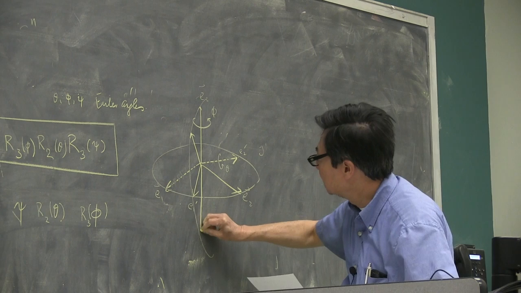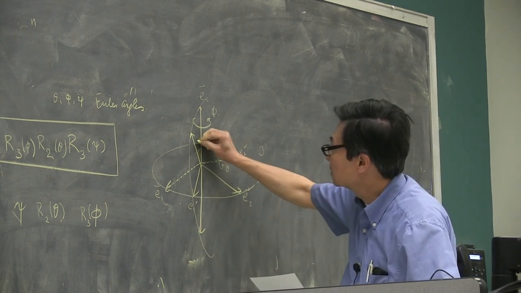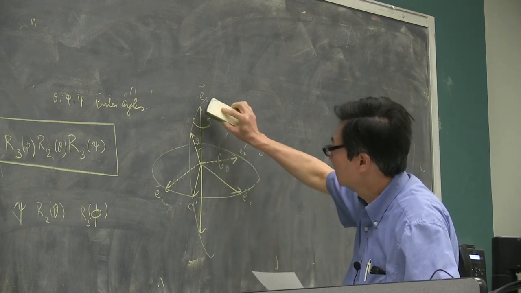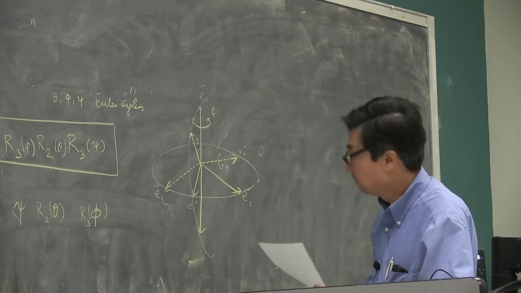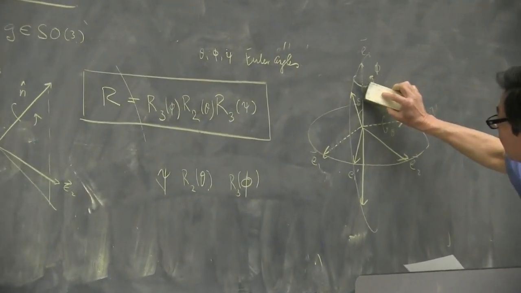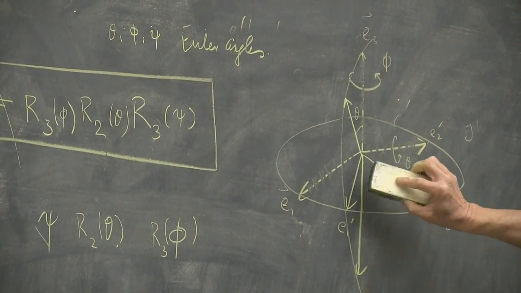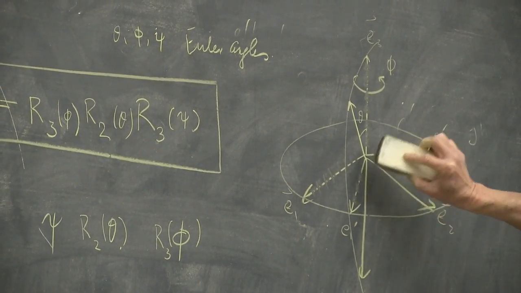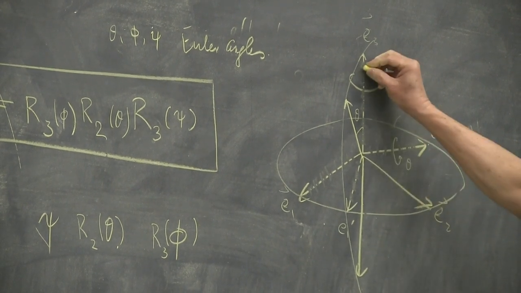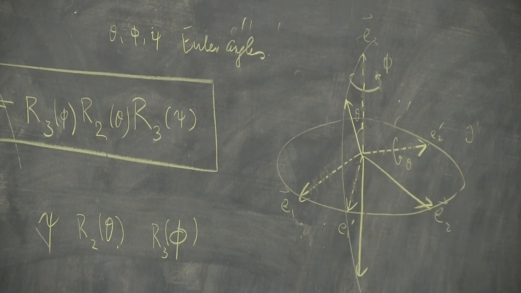And this one will become this one, by this angle theta, so that it's like this. So now let me dot line the ones that have been changed. Is that okay? So that's after the second step.